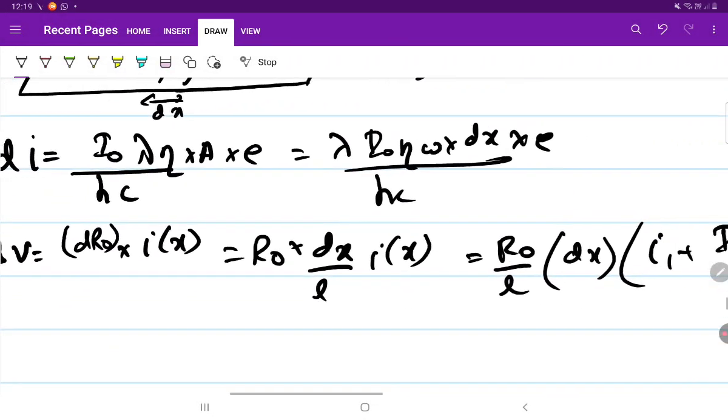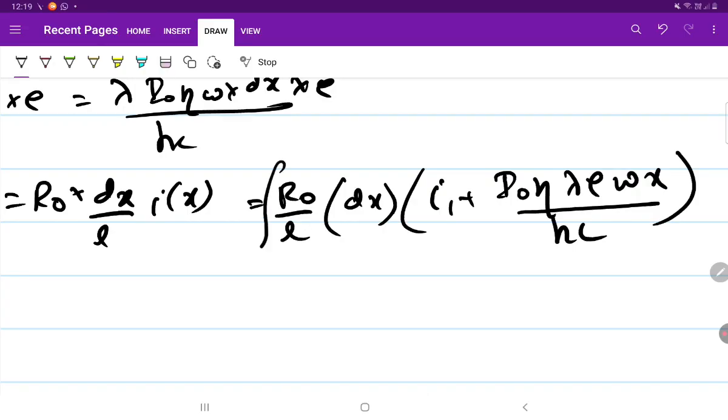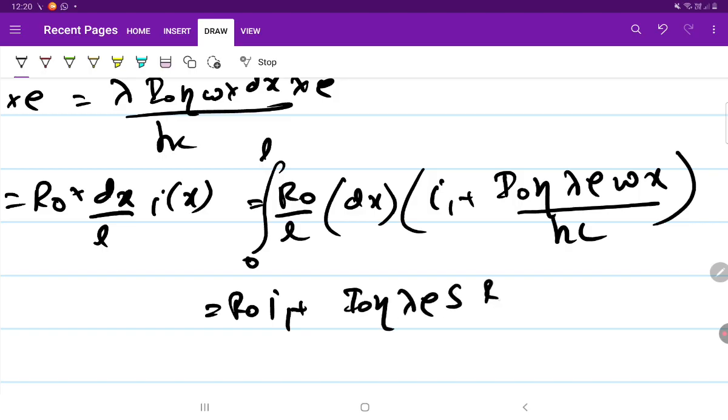Integrating it along the length, you will get R naught into I1 plus I naught eta lambda e s by hc, with a factor of 2 because of the x integration. Hope you are getting it. Hence we get the resulting voltage across the two endpoints of the square plate.